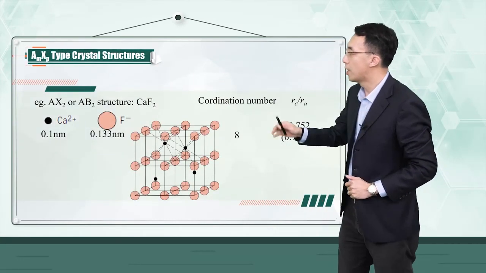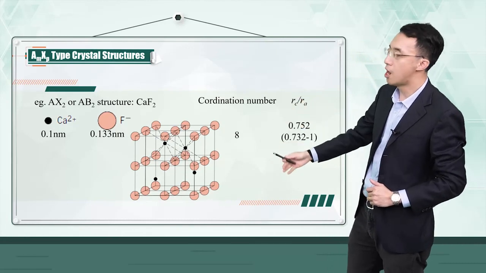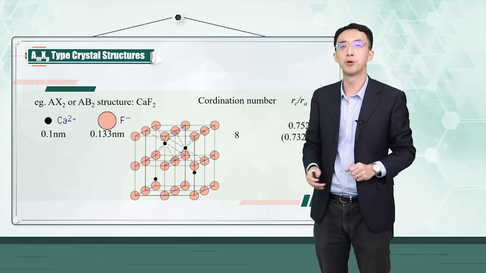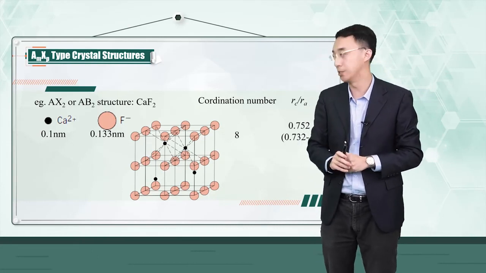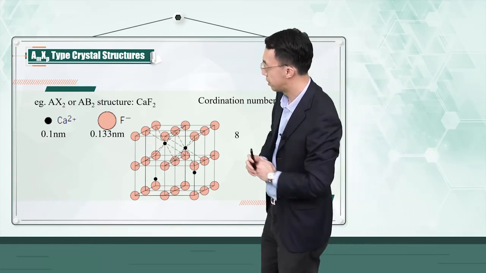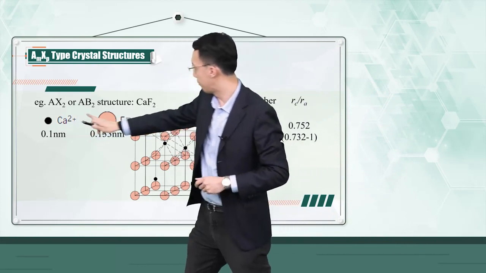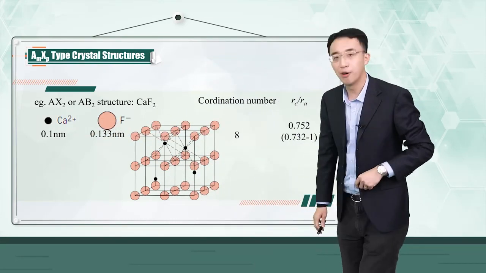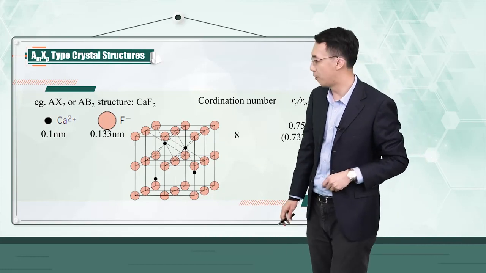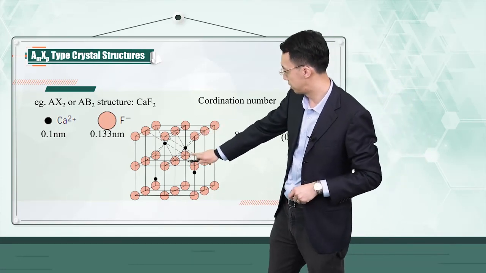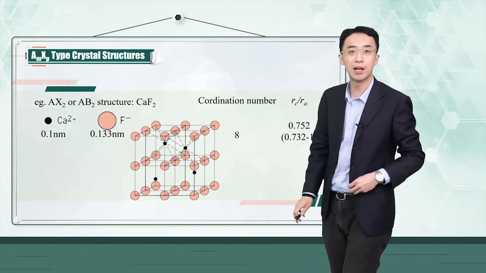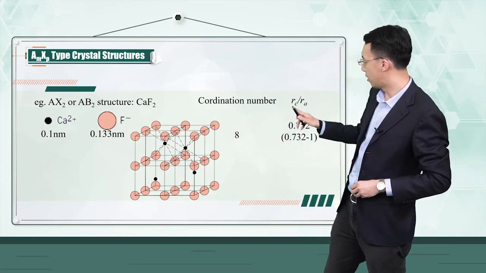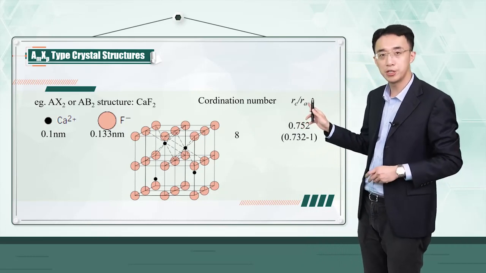Okay, so now we move on to a relatively more complex situation where you have a non-1-to-1 ratio between your metallic and non-metallic elements. For example, in this calcium fluoride ceramic crystal, you have a simple cubic lattice of your fluoride ions, and then your coordination number is 8 based on the cation to anion ratio.